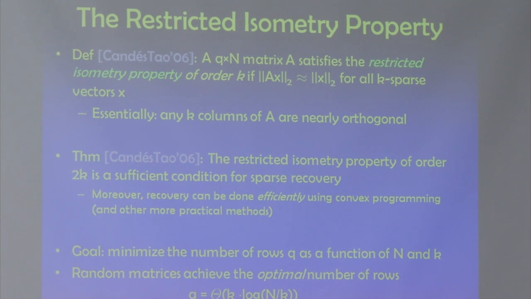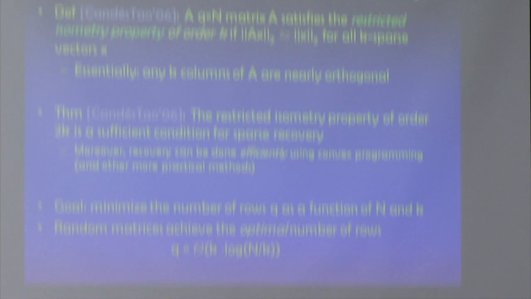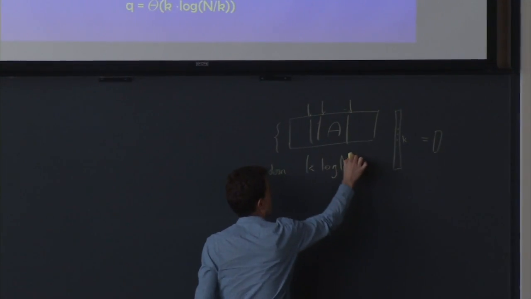And that's what you would expect, right? Because the entries are IID normal, you expect columns to be roughly orthogonal. It's not very surprising. You need to prove a few things, but what you end up getting is that the number of rows is essentially k log n. So for random, you get k log n. That's excellent.